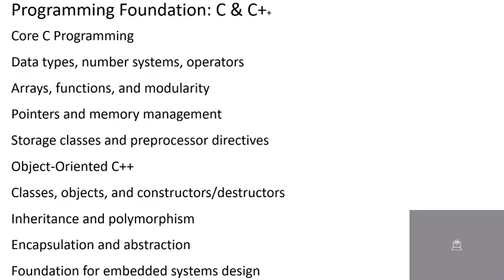Then in this internship, we learned about programming foundations like C and C++. In this one, we learned core C programming: data types, number systems, operators, arrays, functions and modularity, pointers and memory management, storage classes, and preprocessor directives.